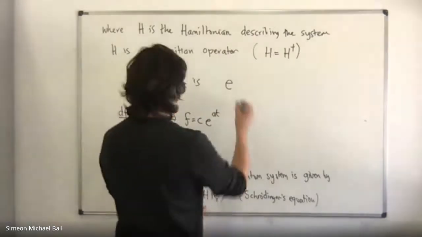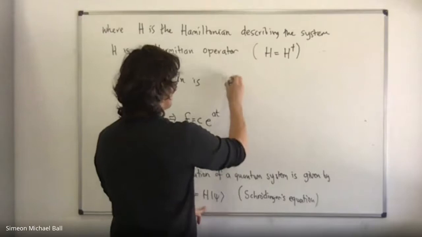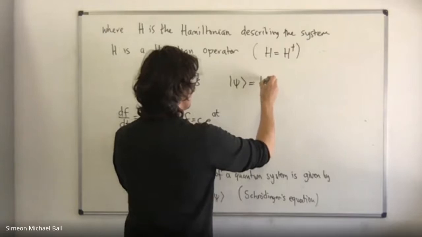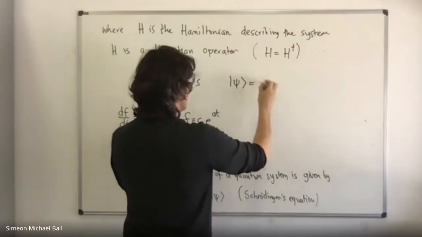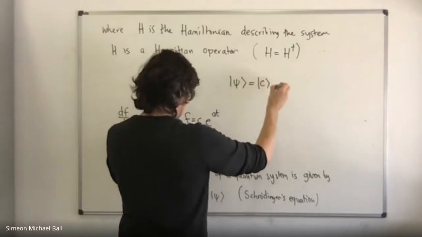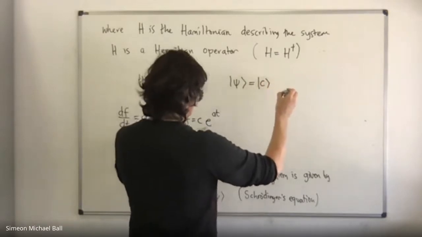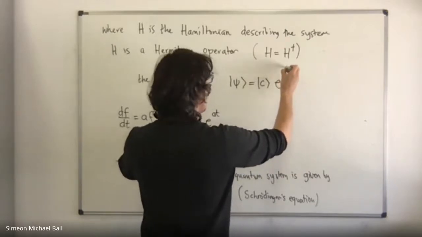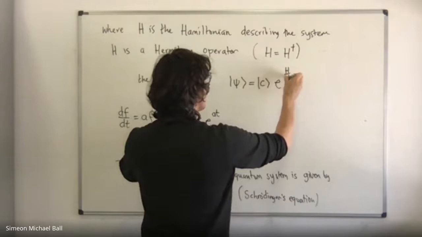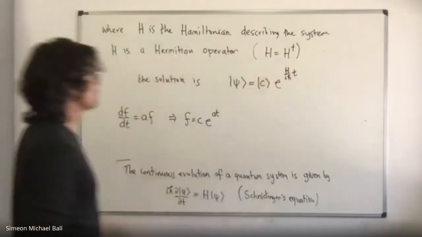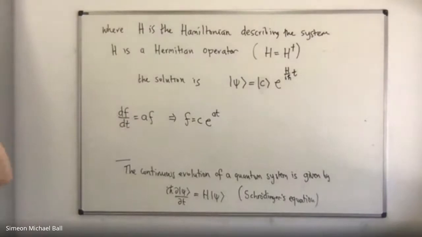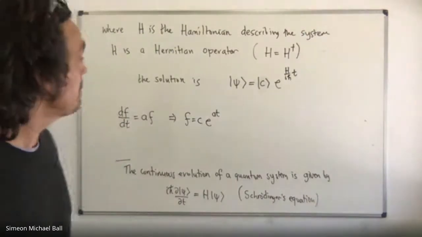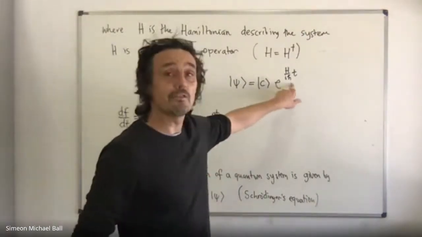So this solution would be psi is equal to some constant, we'll call it C, e to the Ht over i h-bar. And of course, that is actually true, but you need to have defined what's the exponential of a matrix.